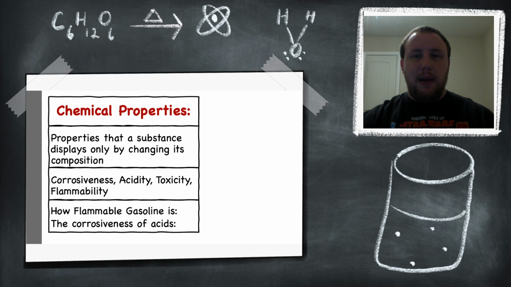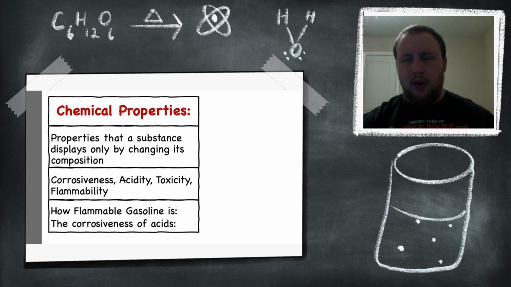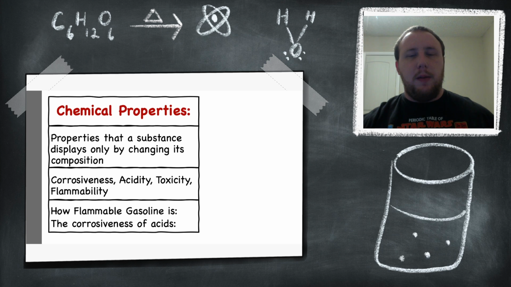Then we have chemical changes, or chemical properties. So chemical properties are properties a substance displays only whenever its chemical makeup is changed. Remember, chemical changes cannot go back. They can only go one way. So a chemical property is shown when this change occurs.